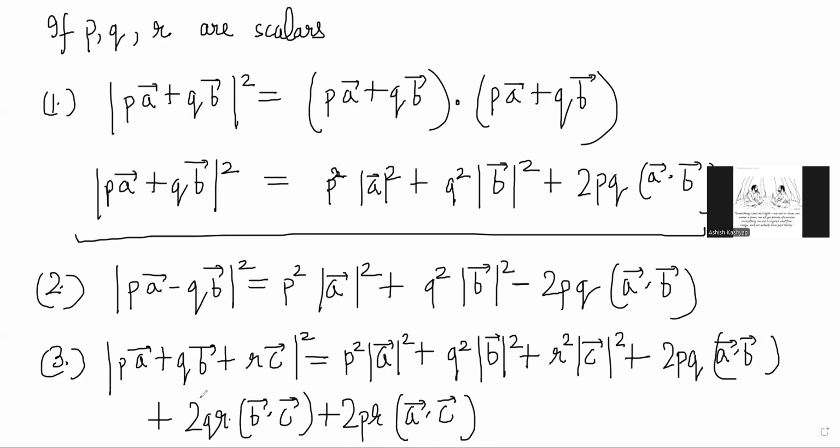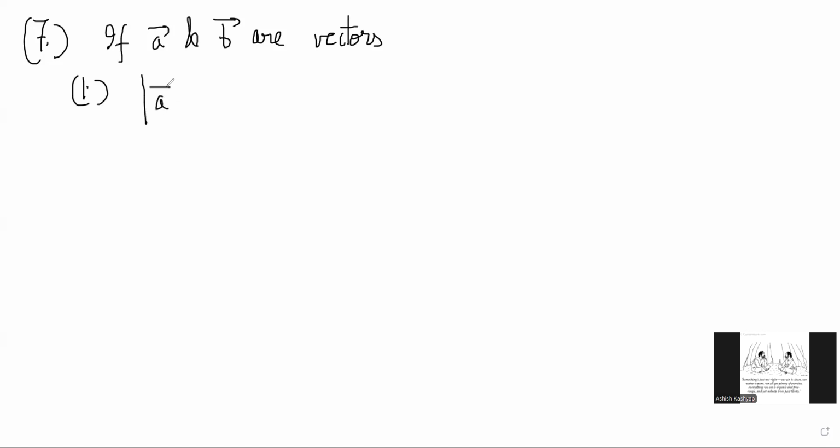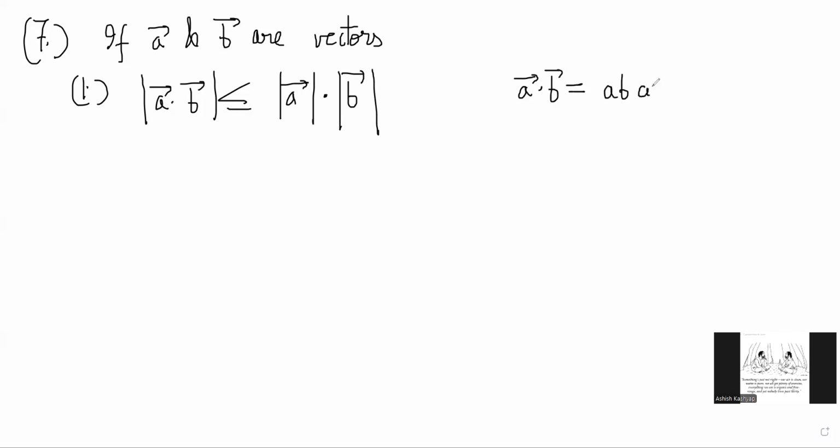Okay. Now, what I want to show you are some properties that are basically inequalities that you get using the dot product rule or dot product definition. So this is point 7, and we have if A and B are vectors, then the first inequality is modulus of A dot B is less than or equal to mod A times mod B. And this comes directly from the definition because A dot B is equal to AB cos theta.